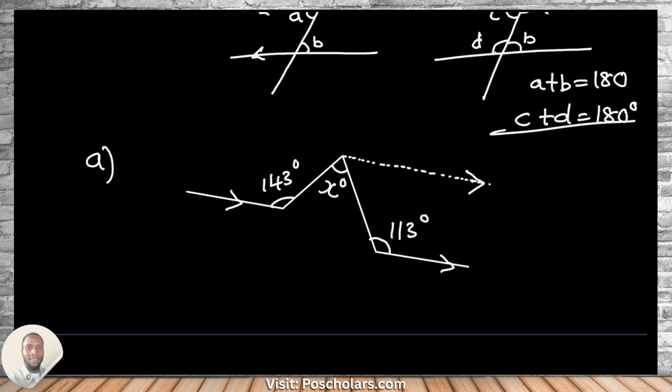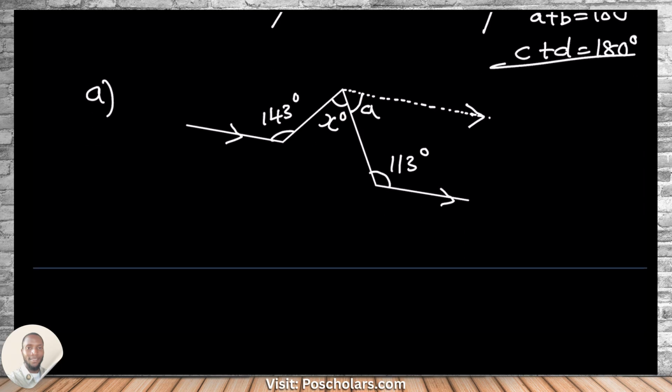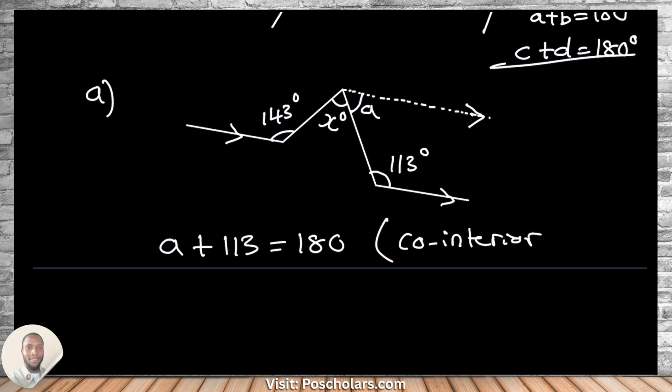So I can label this angle A. Remember, the mission is to find angle X. But let's first label this angle A. To find A, you say A plus 113 equals 180. The reason is cointerior angle. To find A, you subtract 113 from both sides, and you have A equals 180 minus 113.